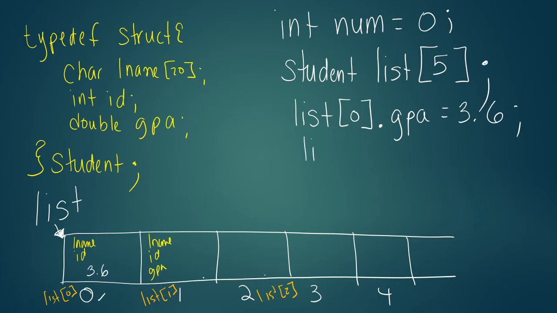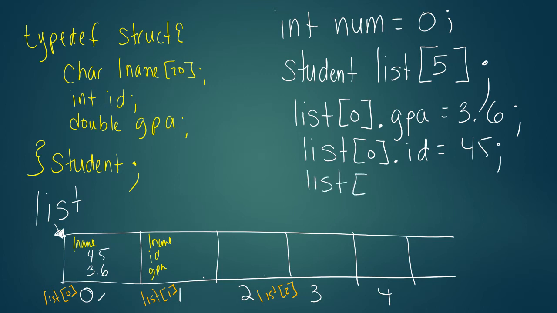If I say list at index 0 dot ID equals 45, again, it's going to go to the list at index 0 and put a 45. If I said list at index 2 dot GPA equals 4.0, then it will go to list at index 2 right here in the GPA field and put a 4.0.